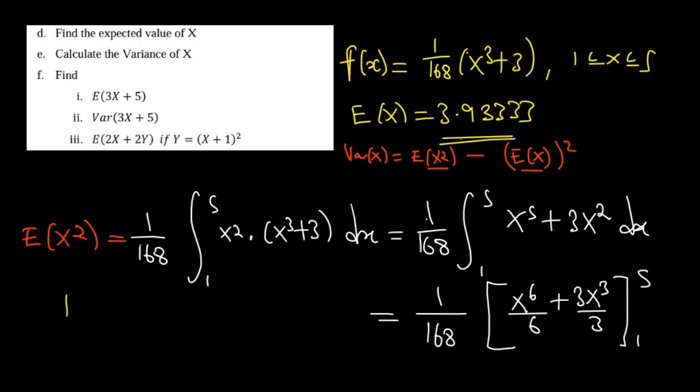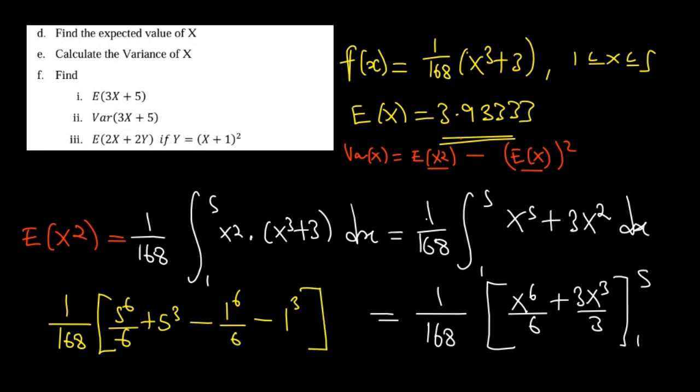So I have 1 over 168, and then 5 to the power 6 over 6 plus 3. So this 3 and 3 can cancel, right? So there we'll just have x to the power 3. So that is 5 to the power 3 minus, I start putting the 1 now, so it will be 1 to the power 6 over 6 plus 1 to the power 3.